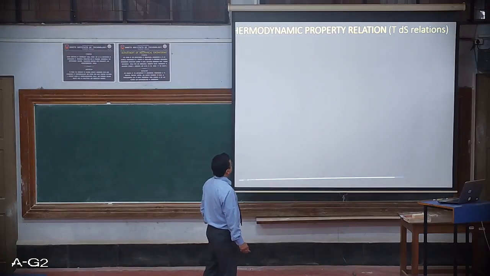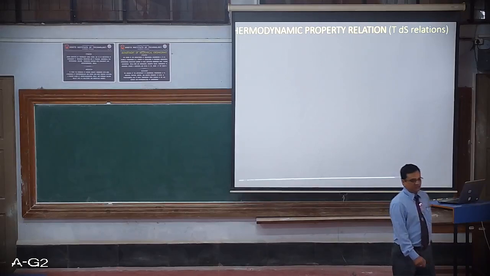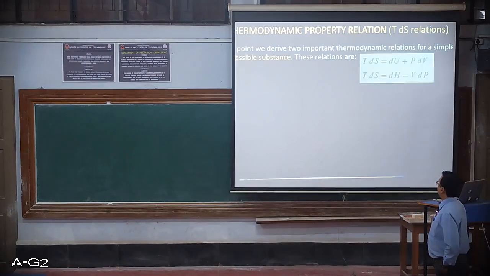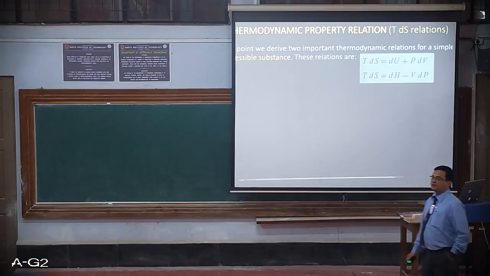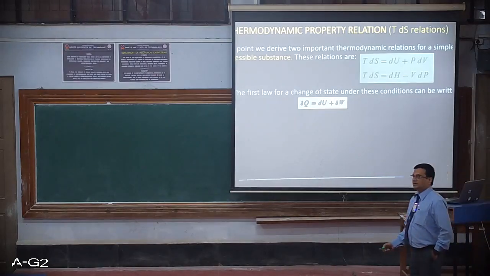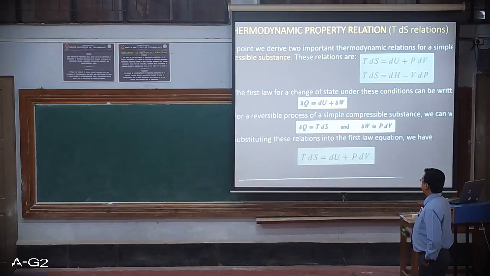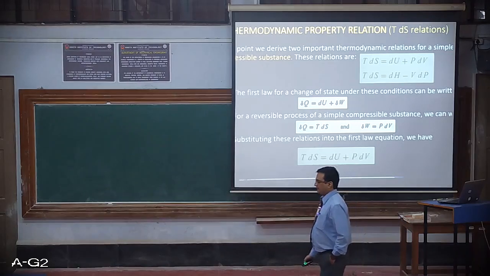Later we derived TDS relations. Rather, we developed TDS relations from the existing relations, which are TDS equal to du plus PdV and TDS equal to dH minus VdP. In a simple three-step manner: energy equation, entropy equation, and substituting to get the first expression.